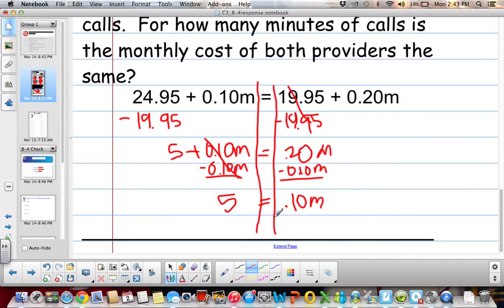So then you would divide both sides by 0.10 or by 10 cents. And then we know that if it's 10 cents per minute, then 5 equals 5, so it would be 50 minutes.